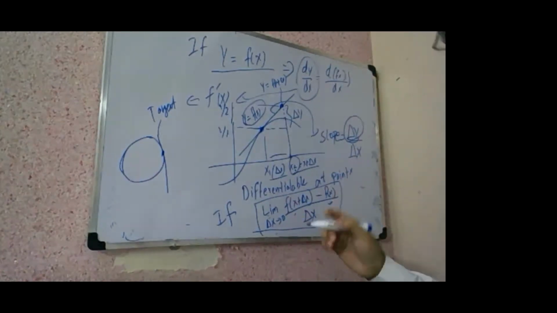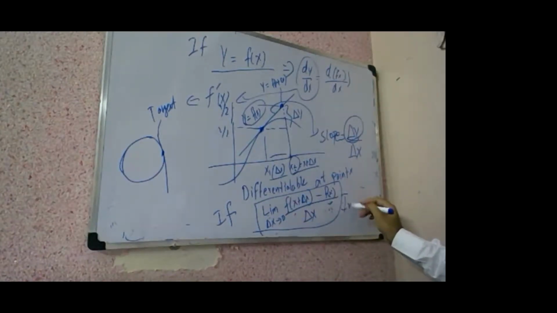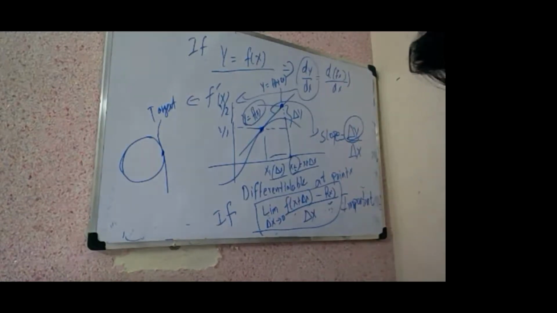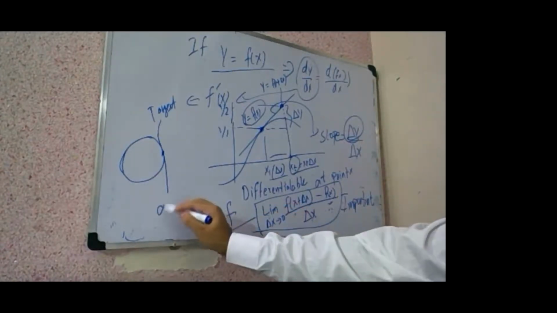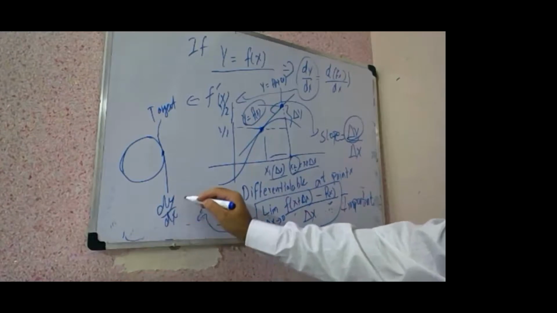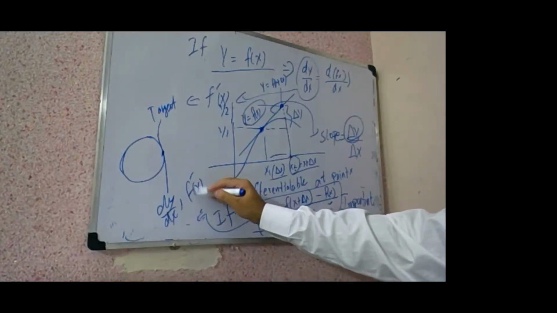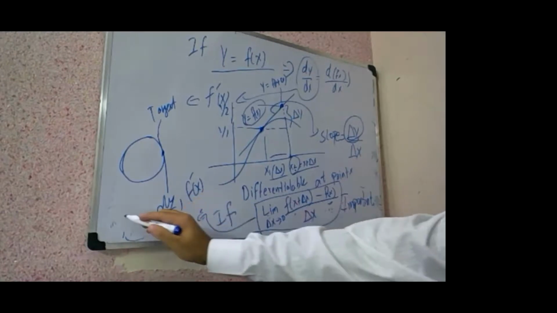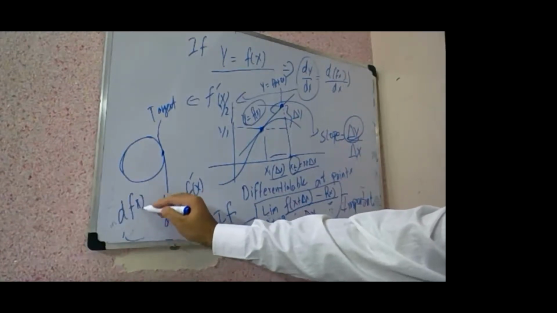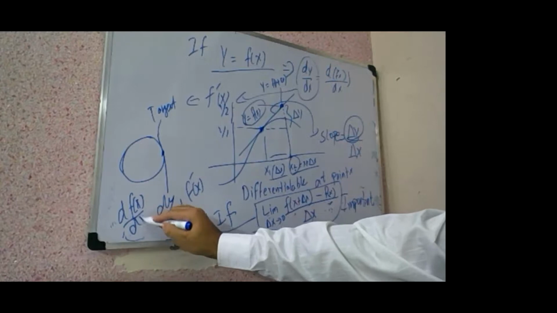Do you understand? This is really, really important. You will know why it is important. So we call it dy by dx. We can also show it with f prime x. We can also show it as d function of x by dx.